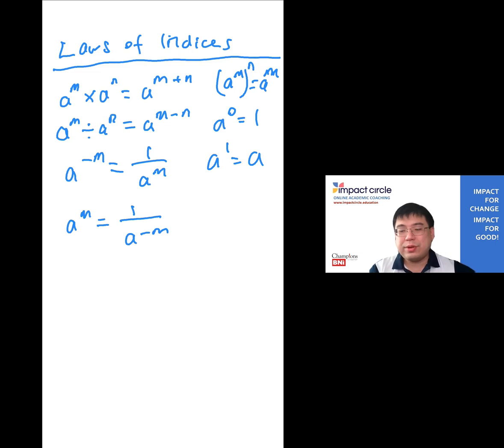Both of these are true. And now we have fractional powers. So we have a to the power of 1 over n equals the nth root of a.